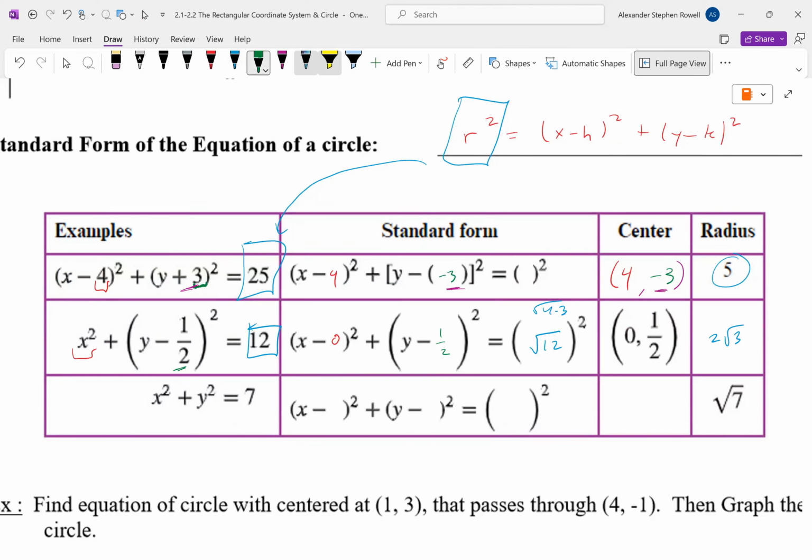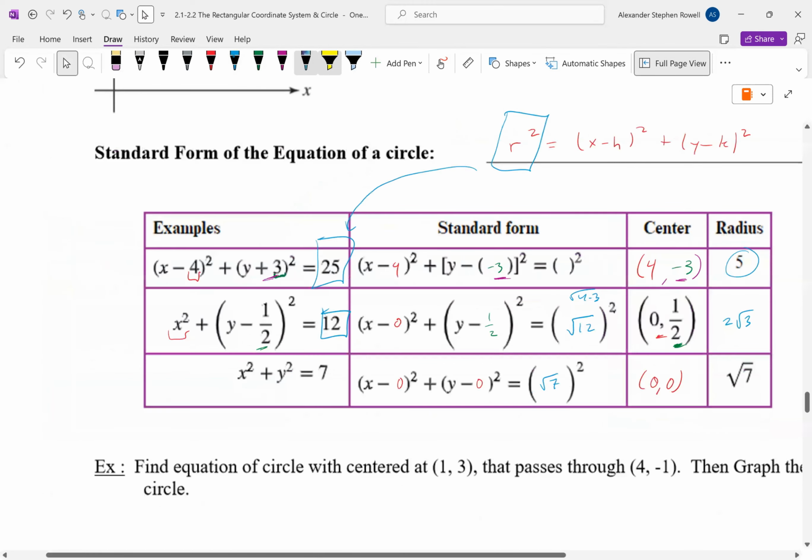We're centered at (0, 1/2). Any questions about this? x squared plus y squared is equal to 7 is centered where? Yeah, we're subtracting 0, 0, so (0, 0). And the radius, if r squared is equal to 7, would be just the square root of 7.